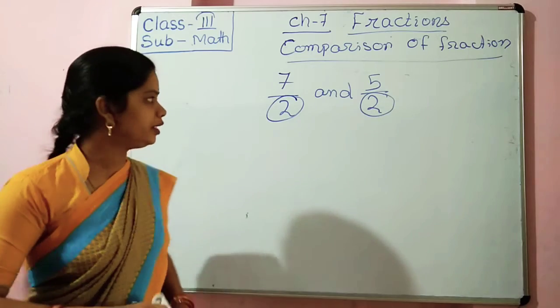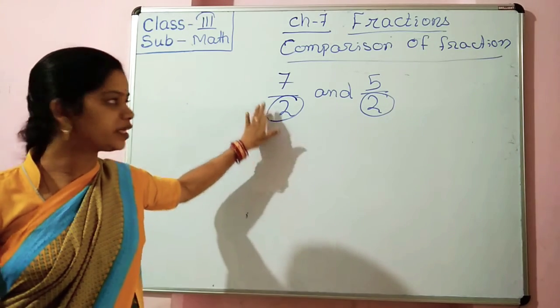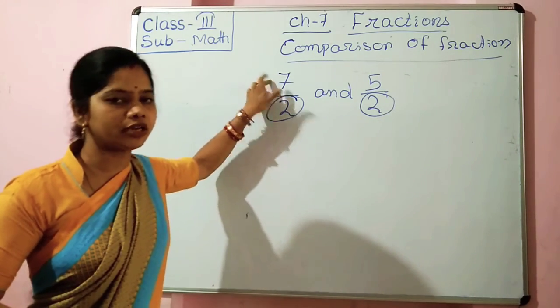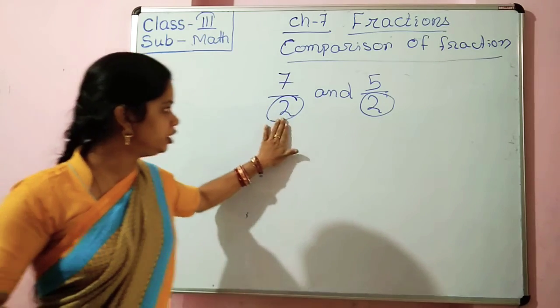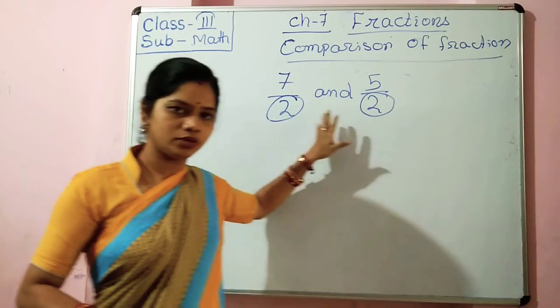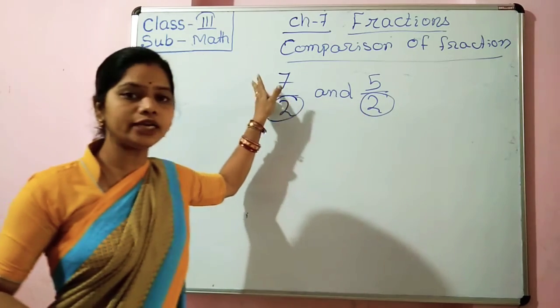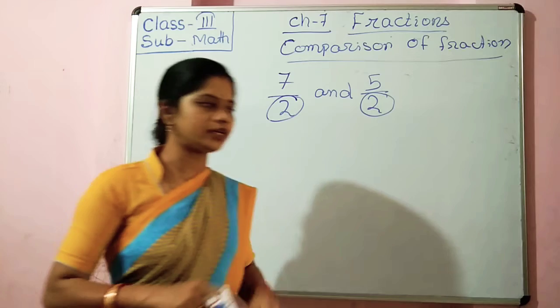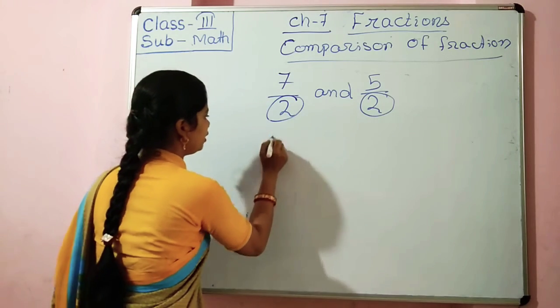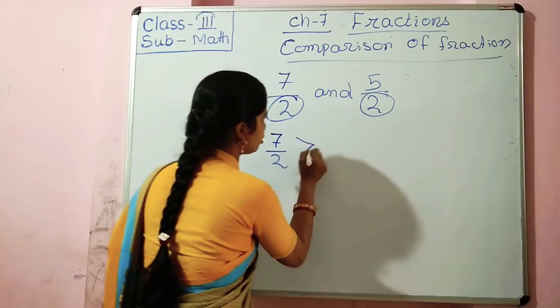How do we compare? In this case the greater numerator is the greater number. If the denominators are the same, then the greater numerator is the greater number. देखो, here 7 by 2 is greater than 5 by 2.